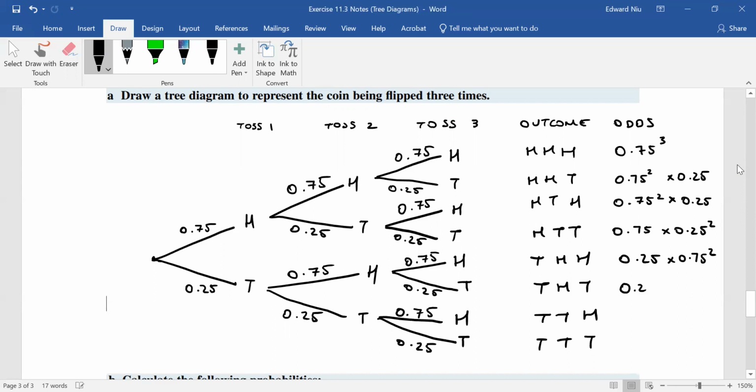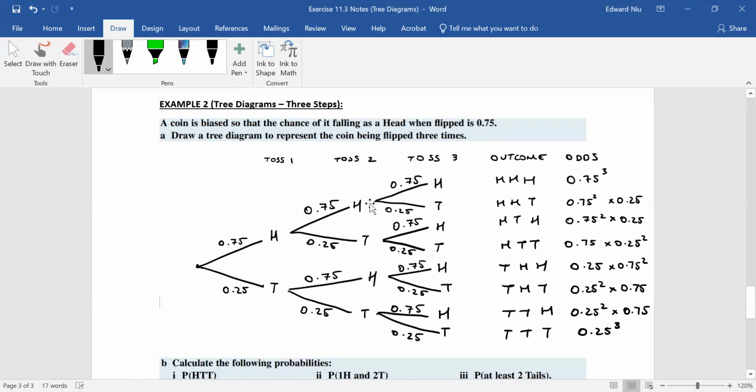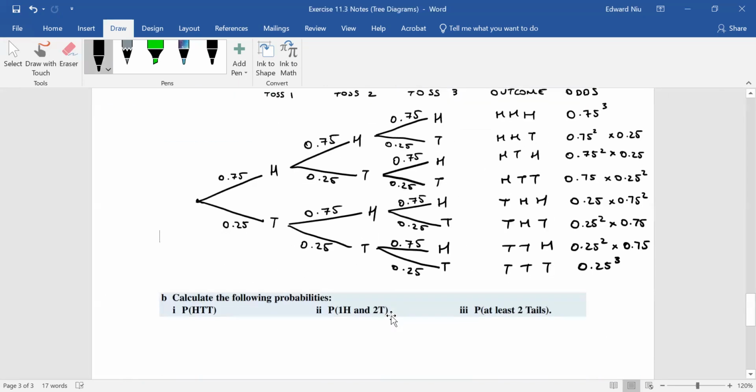This one here is 0.25 squared times 0.75. You've got 0.25 squared times 0.75. And then this last one here is 0.25 cubed. All right, so hopefully that's not too messy, and we can follow each of the branches that lead to the outcome.